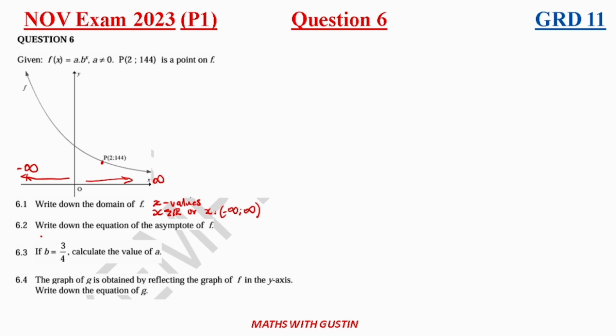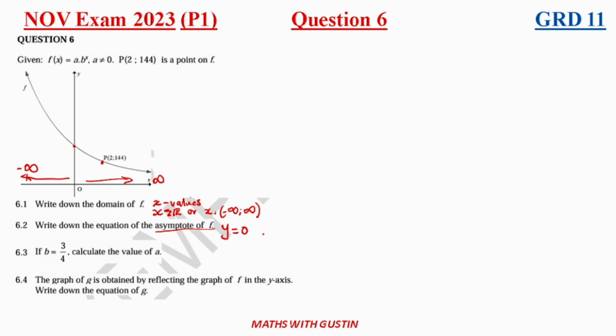Then it says write down the equation of the asymptote of f. As you can see, the graph is touching the y-axis but it's not touching the x-axis. Therefore, the equation of the line it's not touching is y equals 0.